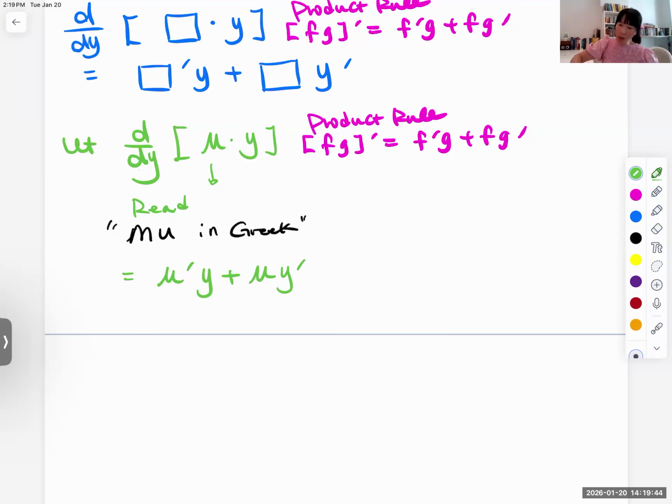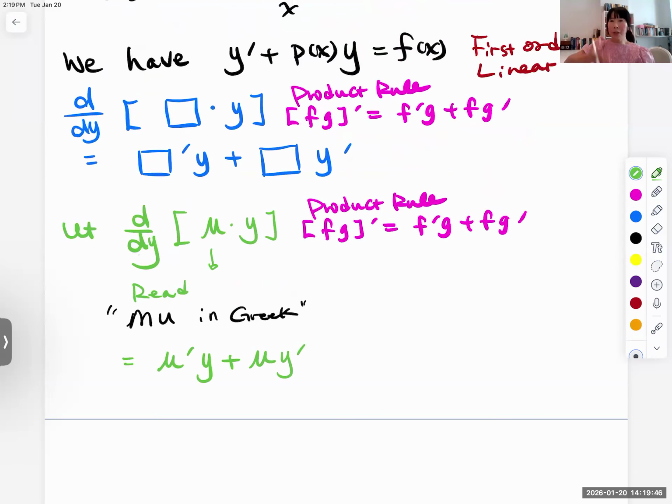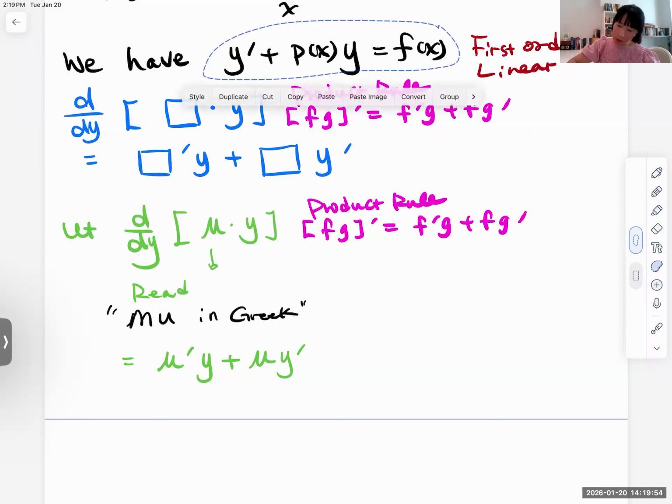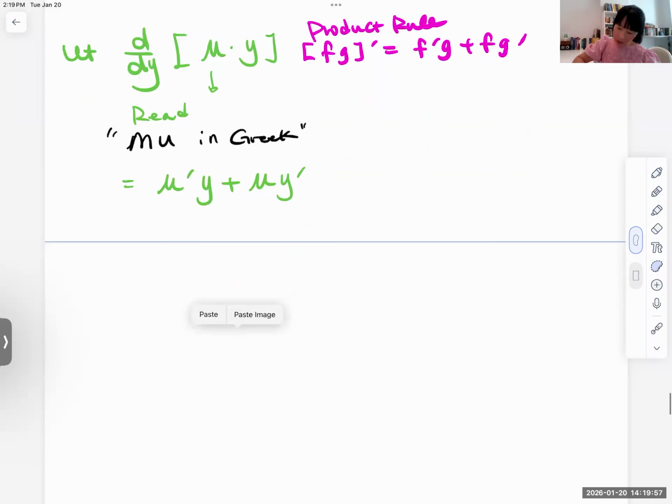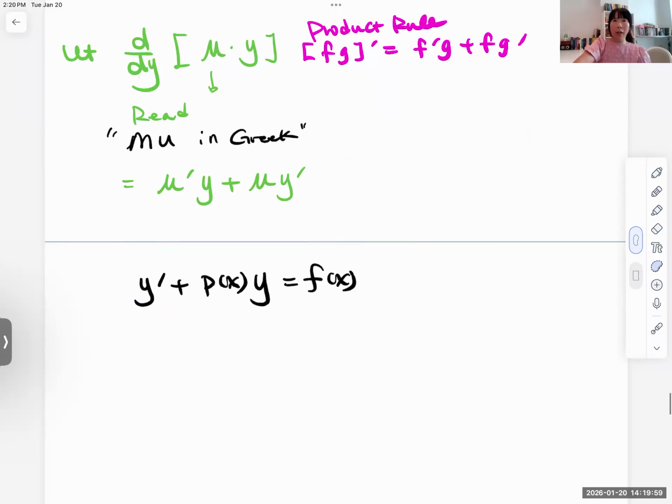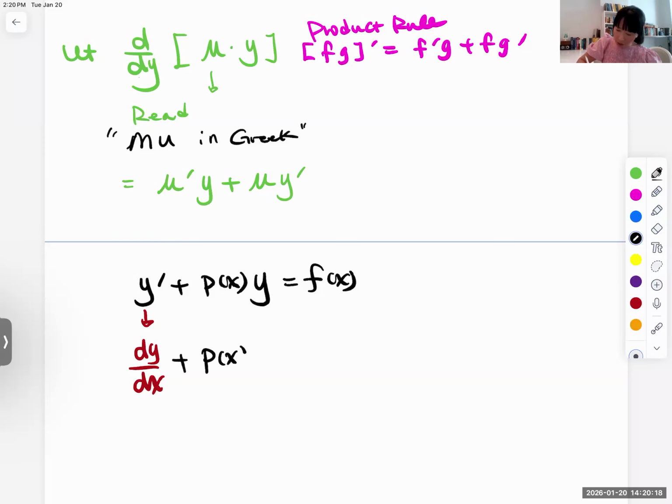Now, we have the form of first order linear. That will be that one. Then y prime we can express as dy over dx, plus, just copy exactly what they have, right?